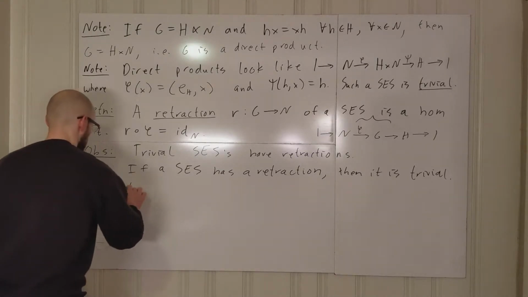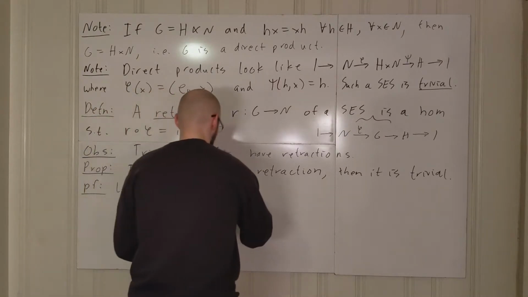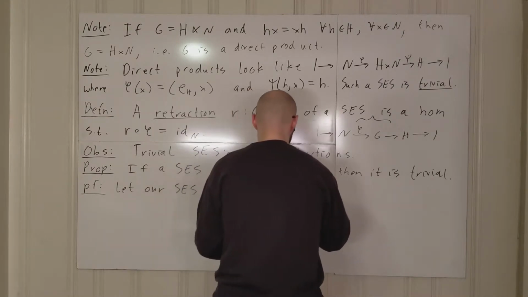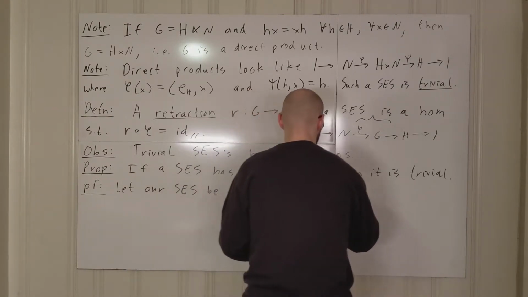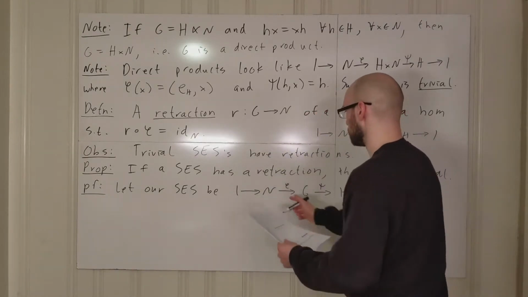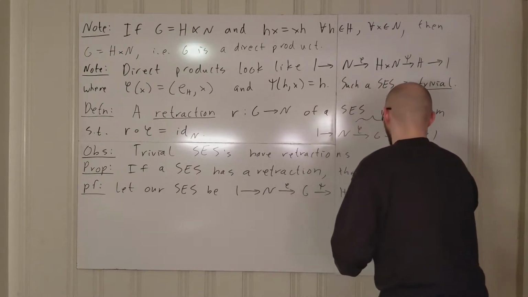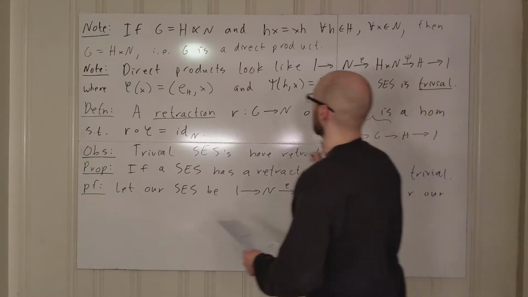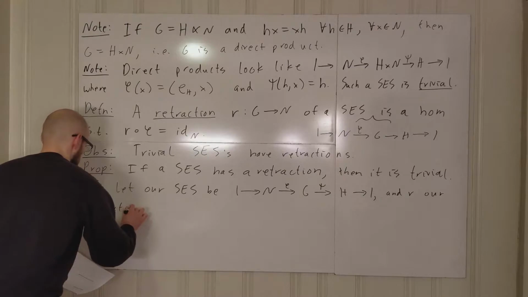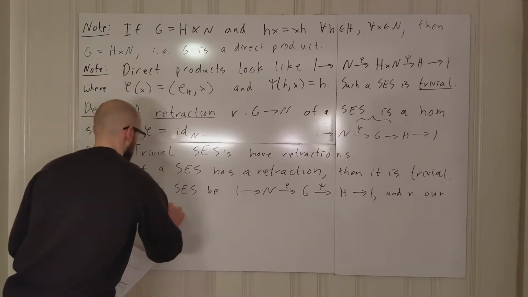So let our short exact sequence be 1 goes to N, goes by phi to G, which goes by psi to H, which goes to 1. And R is our retraction. We're going to define a new map.